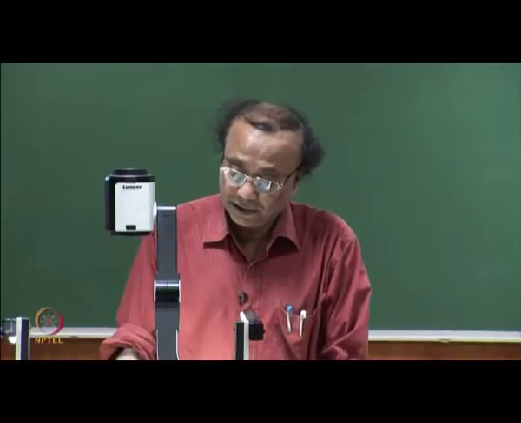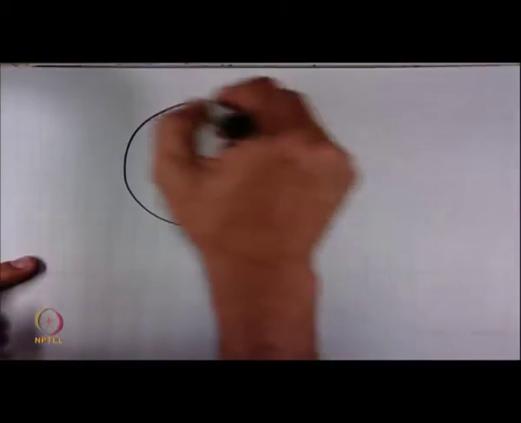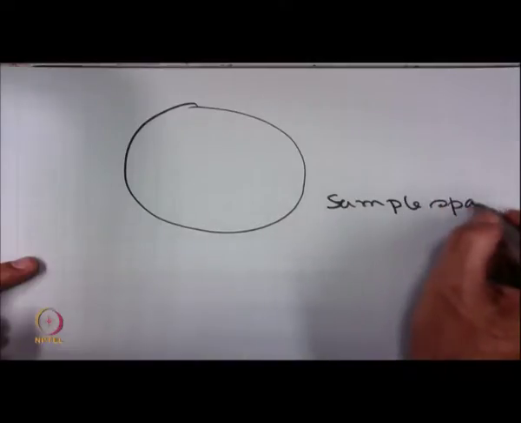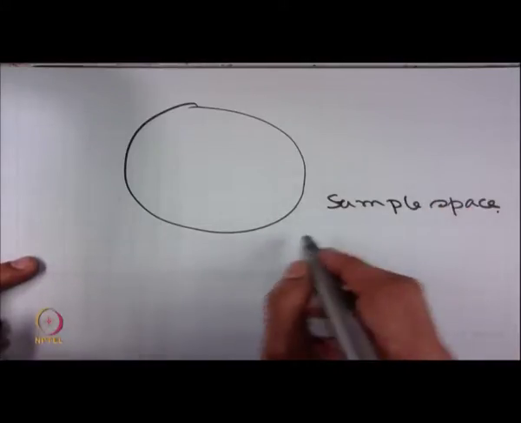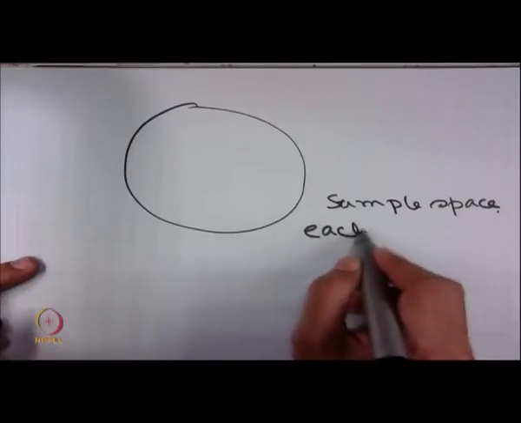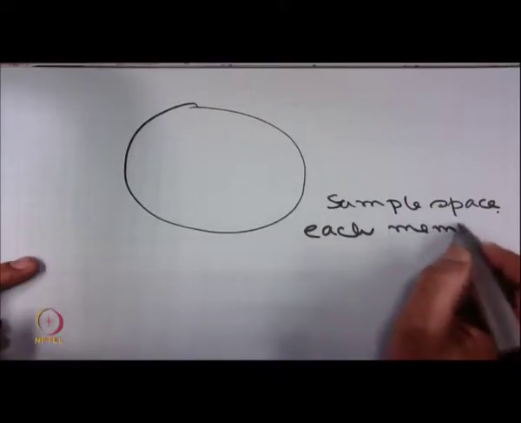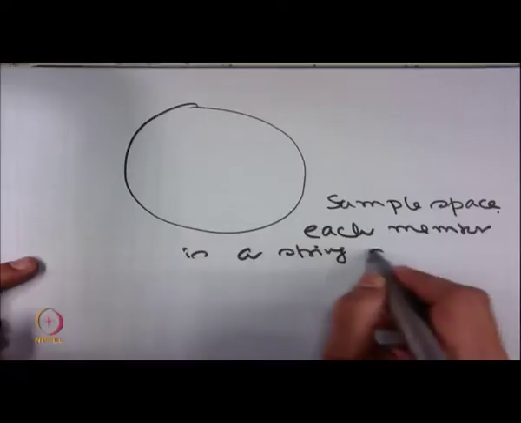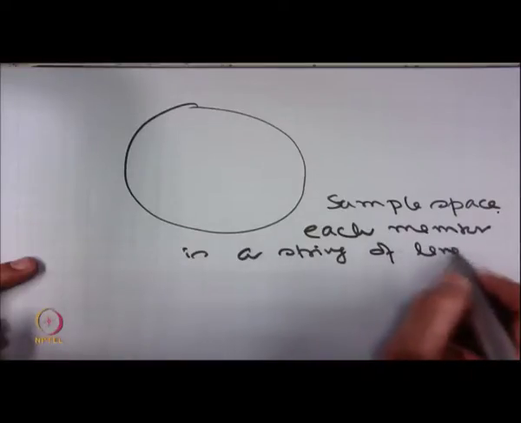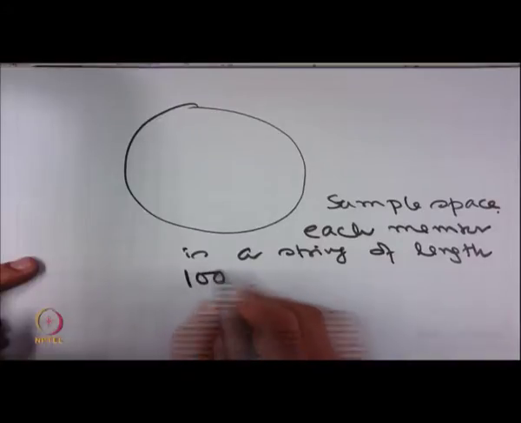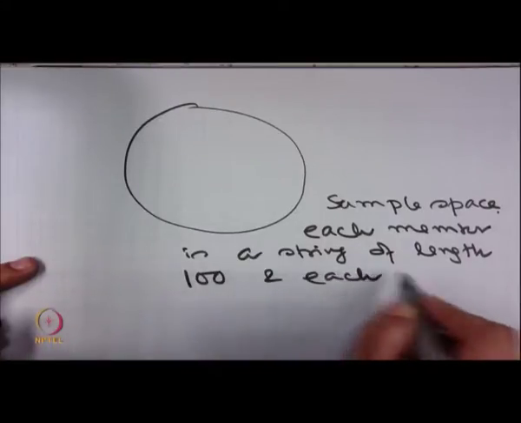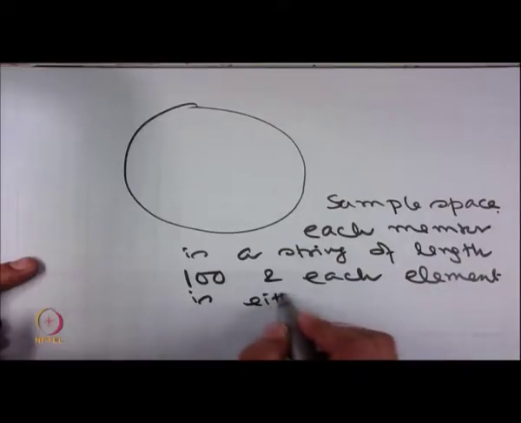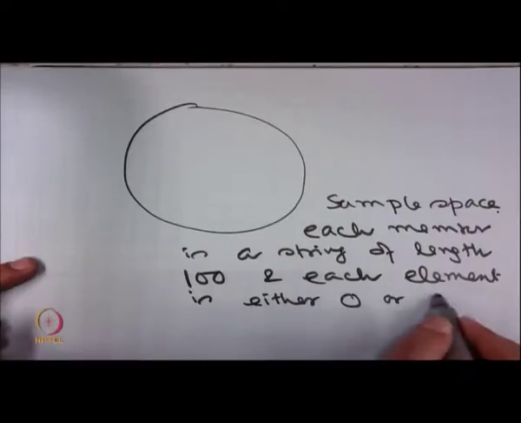So, the sample space is, each member of the sample space is a string of length 100 and each element is either 0 or 1.